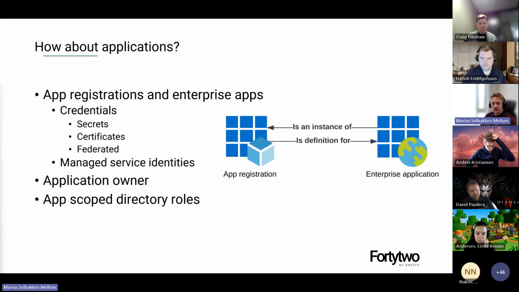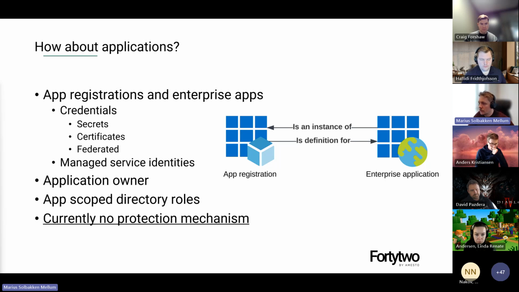But if you use app scoped directory roles, you can say that you have cloud application administrator only on a single app registration, and you even need to activate it using PIM. So I'm just trying to draw a backdrop for what we're going to show here. But what's worth noting is that there's currently no protection mechanism for the app registration.